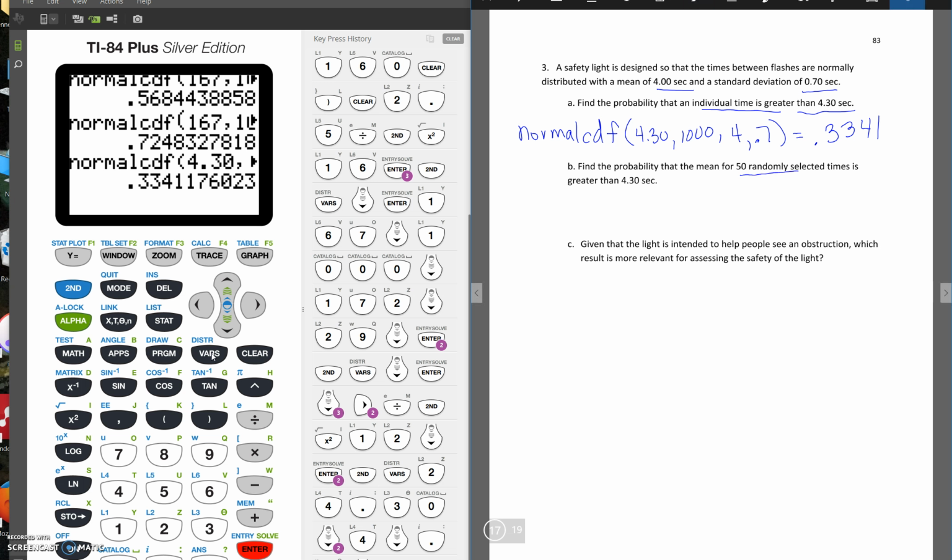Part B says find the probability that the mean for 50 randomly selected times is greater than 4.3. So we're choosing 50 lights. So we're going to do normal CDF. Remember, the only thing that changes is that standard deviation.